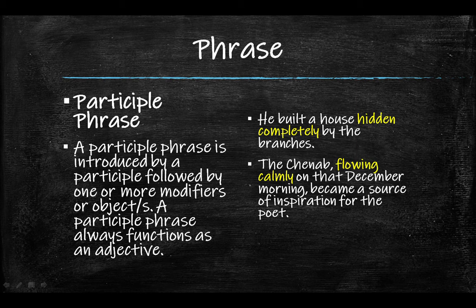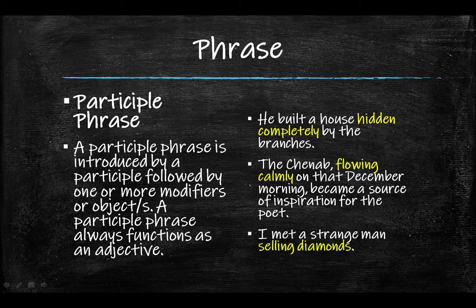Flowing is modifying Chenab and calmly is modifying flowing as an adverb. So that makes it a participle phrase. Flowing is a participle because it is the modifier of a noun, and flowing calmly is a participle phrase because it is a combination of a participle and its modifier.